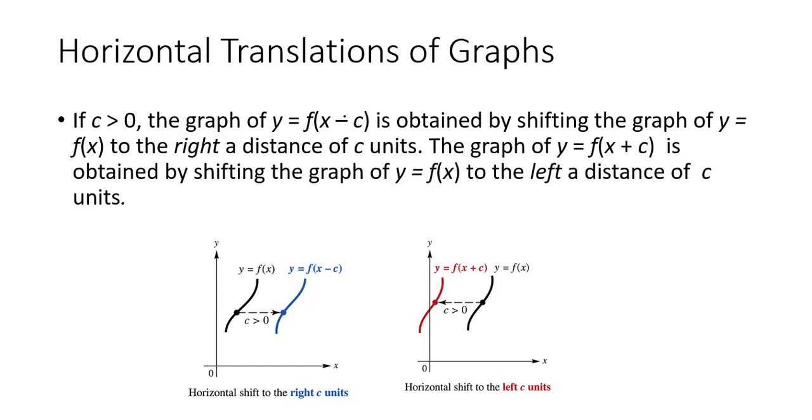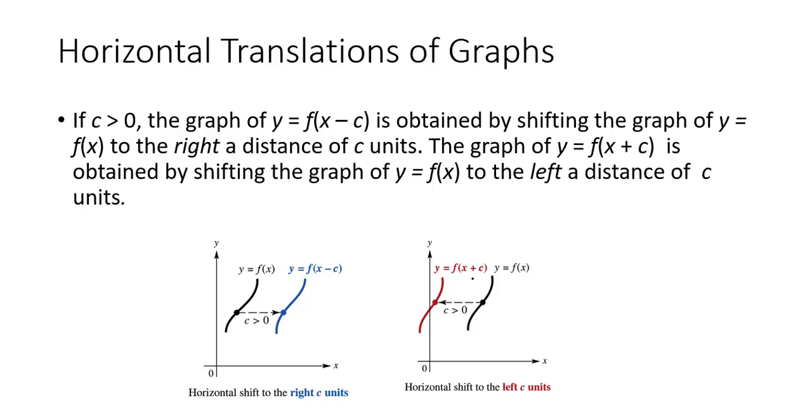So if you look at this graph here, y is equal to f of x, this graph would shift to the right c units when the equation is y is equal to f of x minus c. Similarly, it would shift to the left c units. The graph of f of x would shift to the left, and the equation would be y is equal to f of x plus c.